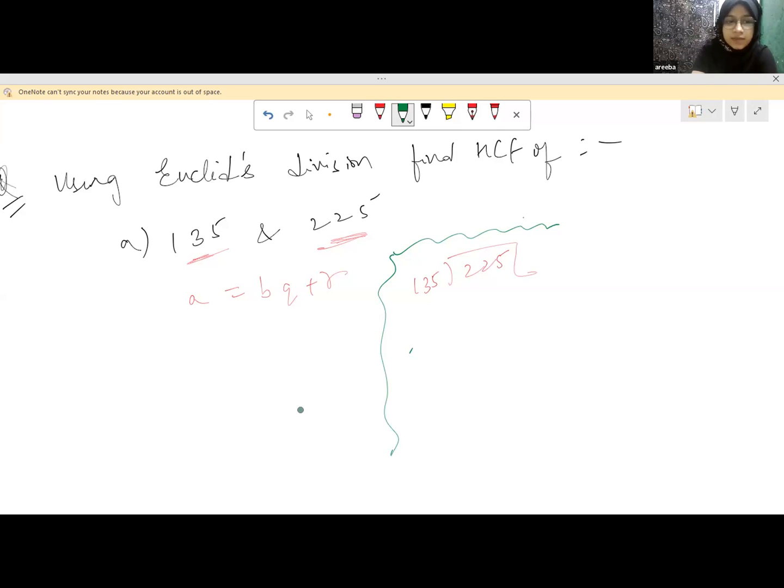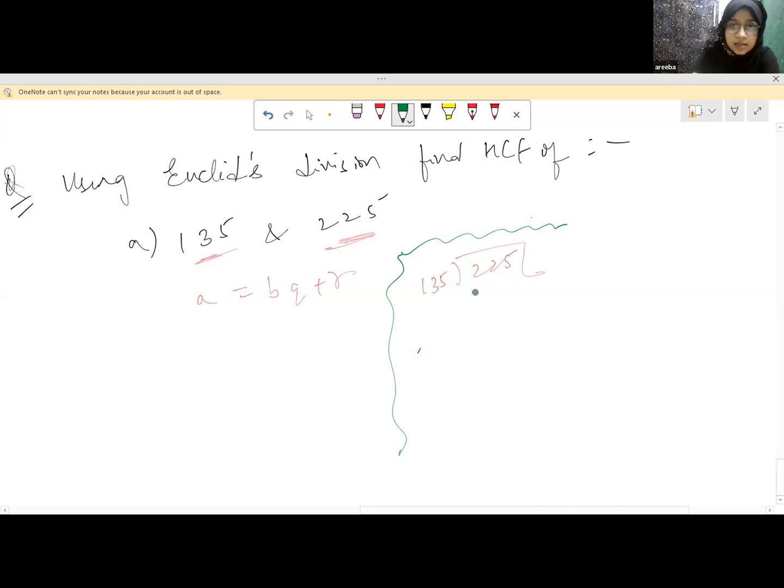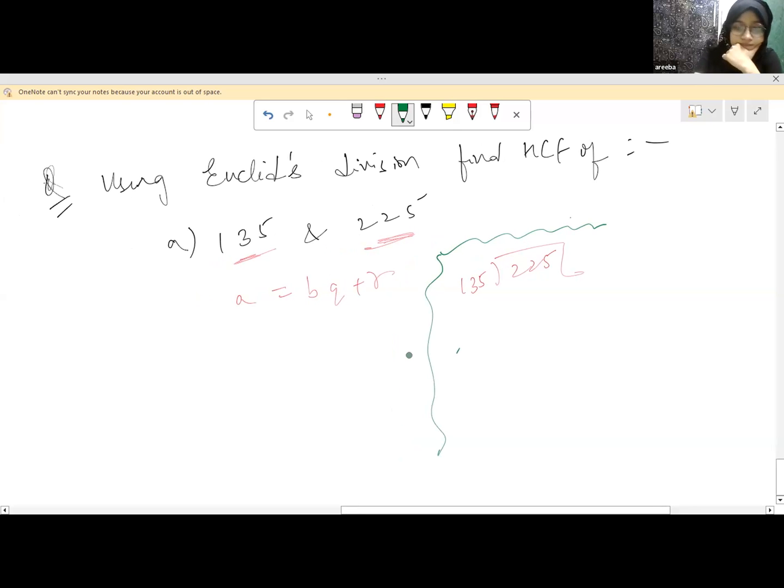Bache, speed. Yes, Afreen, Ifra, Rumaisah, fast. Ma'am, we just have to divide. Yes, just divide it. Tell me the quotient, tell me the remainder. I got 90 as the remainder. 90, okay. And quotient? 1.